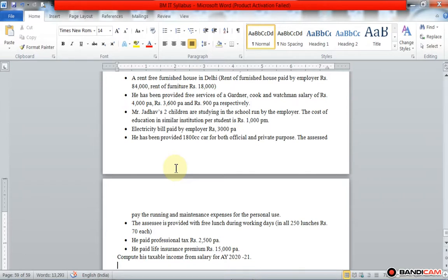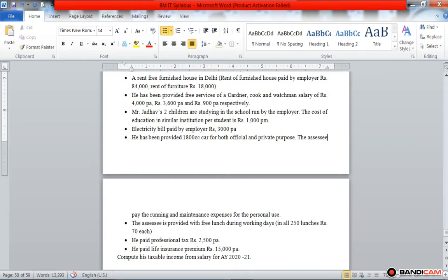So here the car is owned by the employer and the expenses are paid by the assessee. We have to compute the car facility, where the car is owned by the employer and expenses are paid by the employee. The car is used for both purposes.